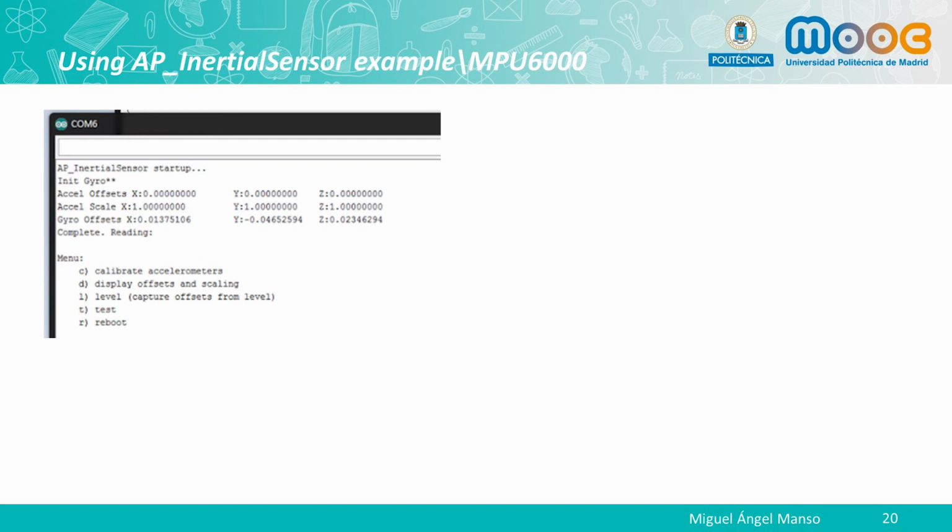Using AP inertial sensor sample MPU6000. Then we can open ArduPilot Arduino 1.0.3 Windows libraries AP inertial sensor sample MPU6000 and load ArduPilot and init serial monitor. With the test option letter T, we can obtain readings from accelerometer, acceleration and speed.